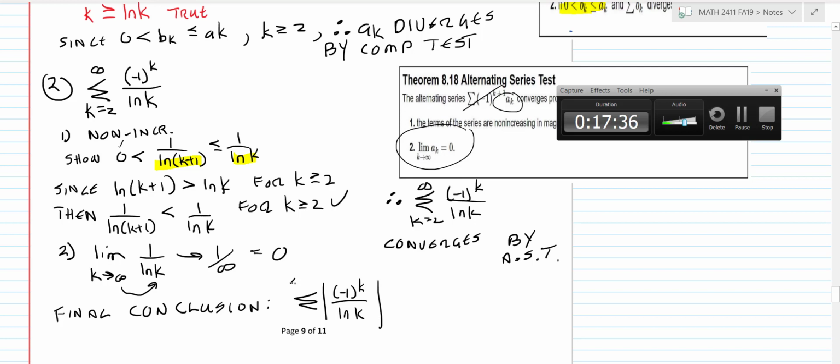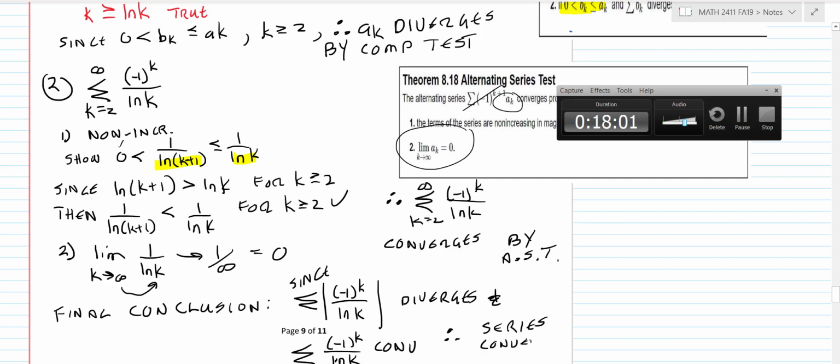We're going to say since this diverges, and the other series, without the absolute value, converges, then we'll say, therefore, the series converges conditionally. Okay, so that's how that goes.